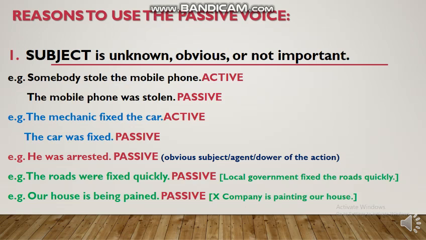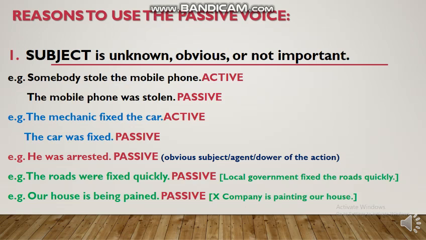Let's consider the last two examples. The roads were fixed quickly. Our house is being painted. Of course, we know that the local government fixes the roads quickly.